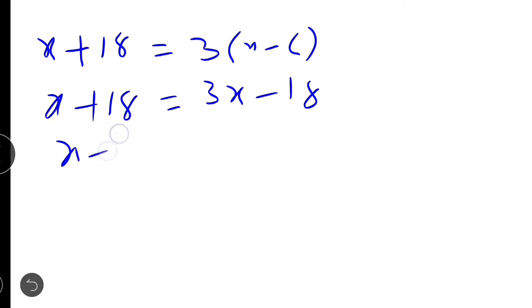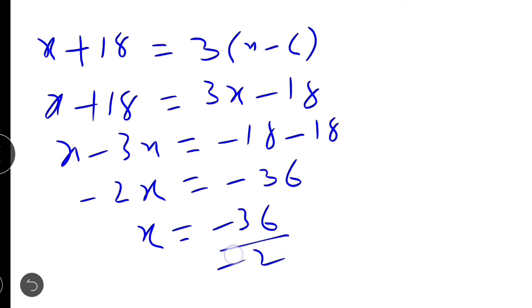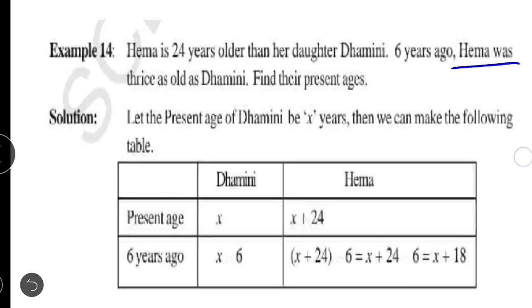So x minus 3x equals to minus 18 minus 18, because plus 18 is transposed to the RHS. So minus 2x equals to minus 36, then x equals to minus 36 by minus 2. 2 eighteens are 36, x equals to 18.